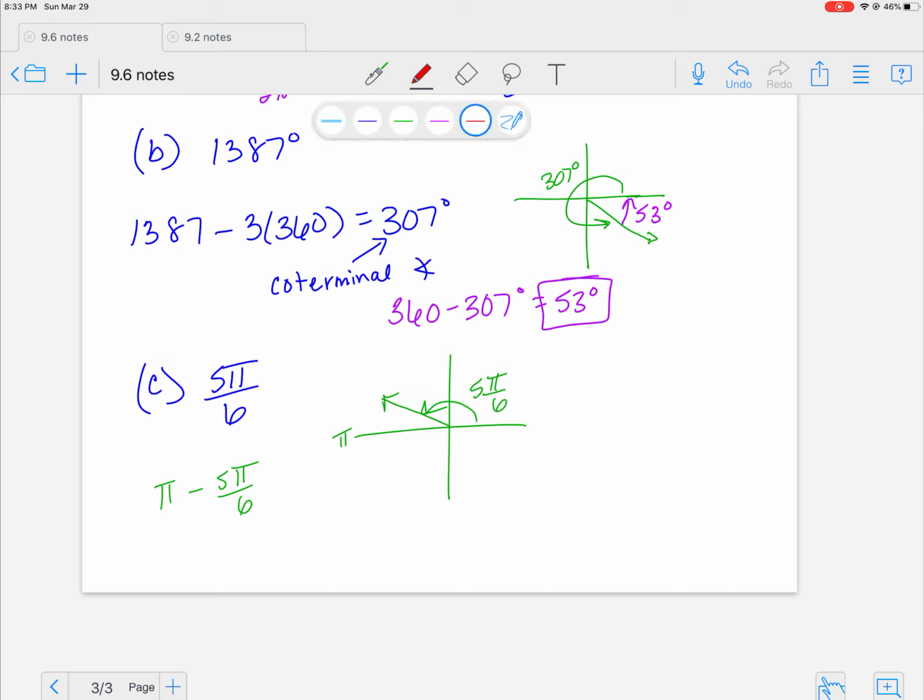If I'm taking it all the way to pi, then how do I get there? Good. So pi minus 5 pi over 6. Whenever I'm looking here, I have to get my common denominator. So then that's going to leave me with pi over 6 as that reference angle.